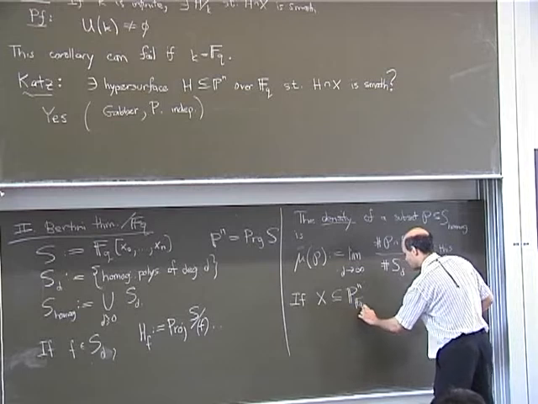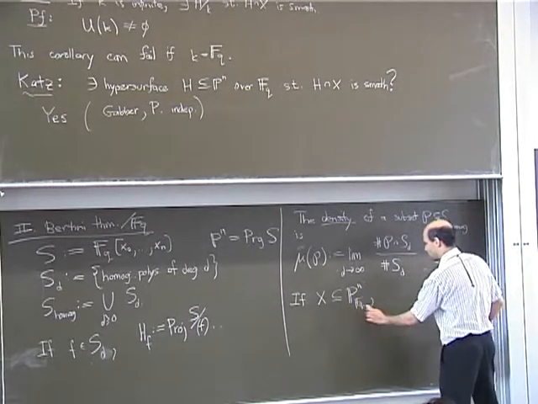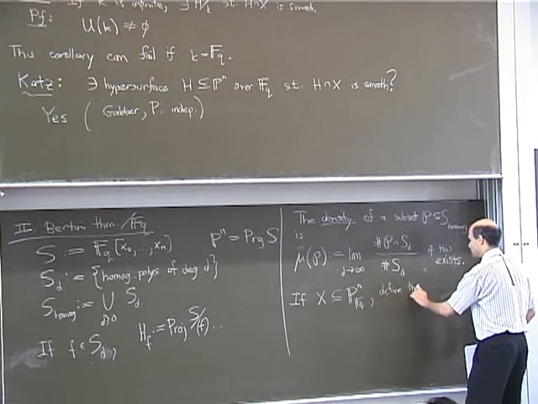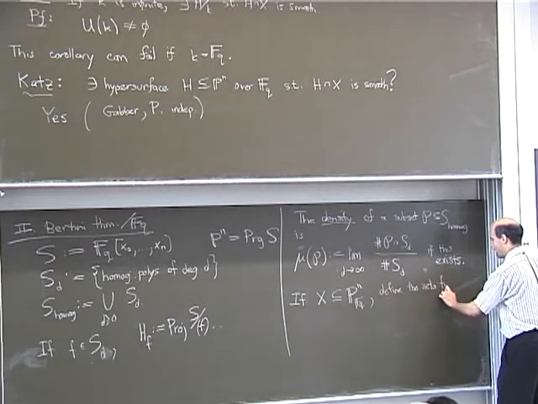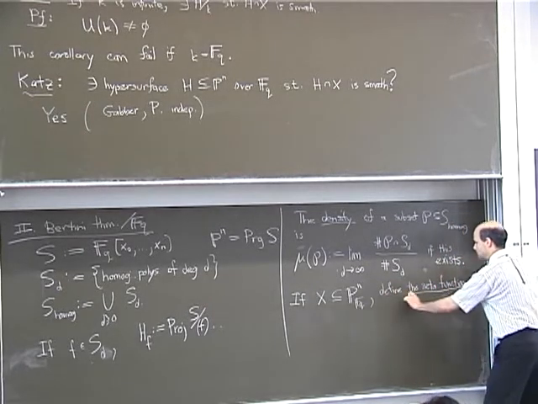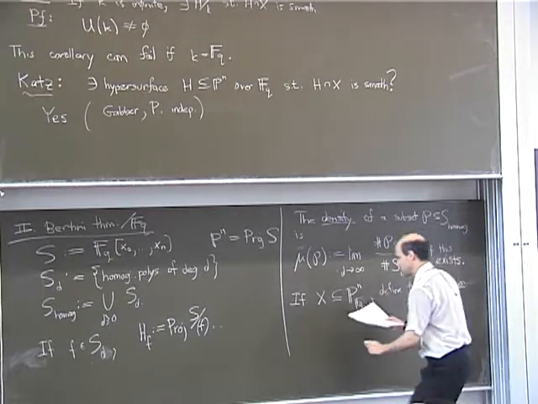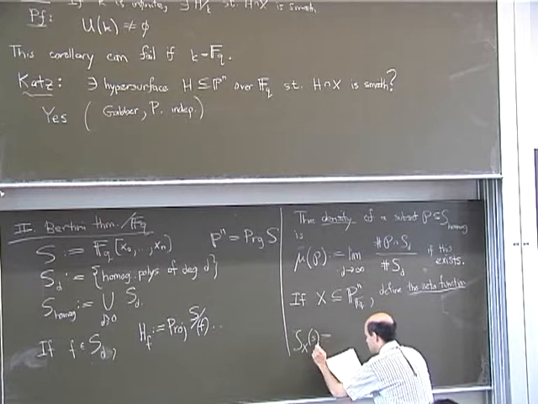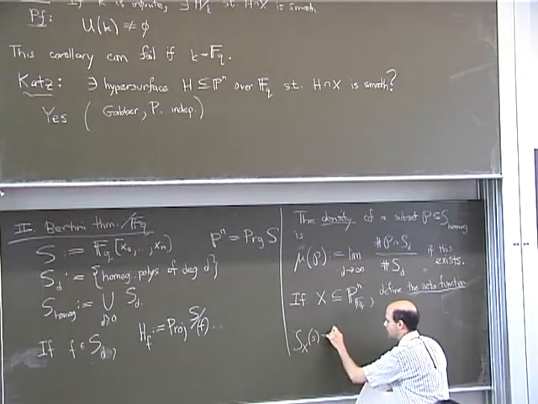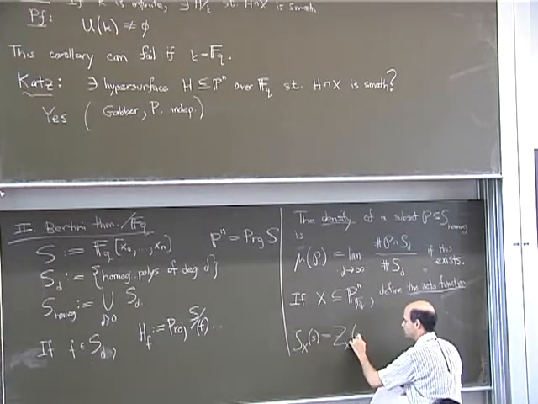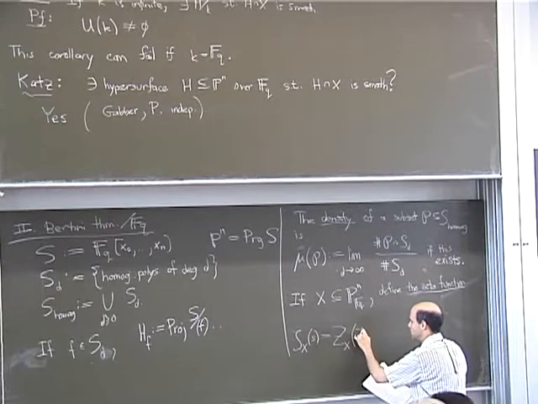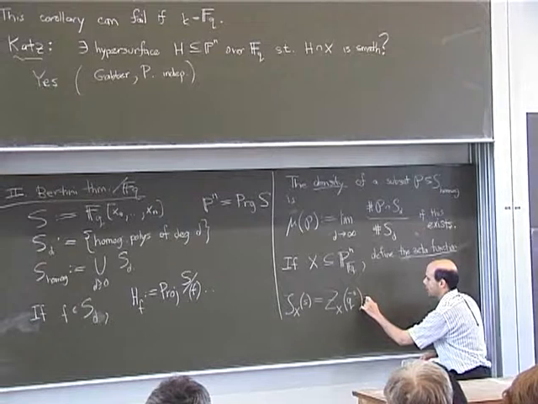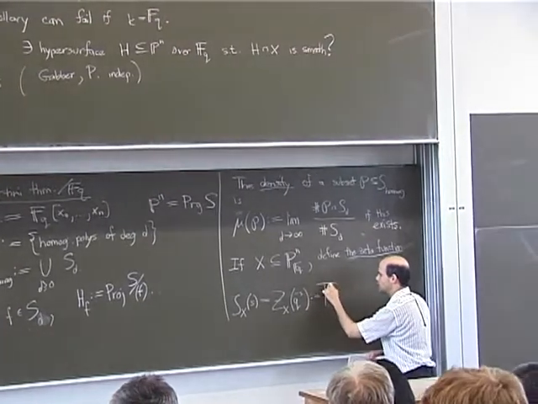Okay, so let me just remind you quickly what the zeta function of a variety is. There are two versions: one in terms of s, or you can write it in terms of q to the minus s. It's a rational function in q to the minus s, and there are two definitions of it.